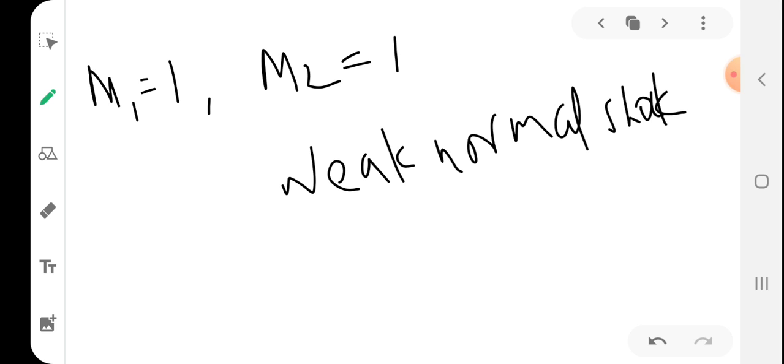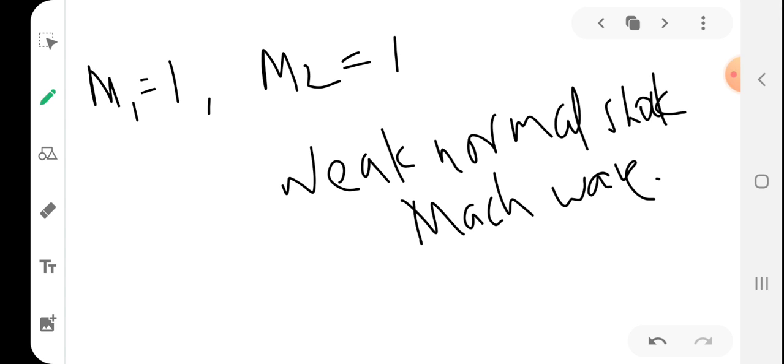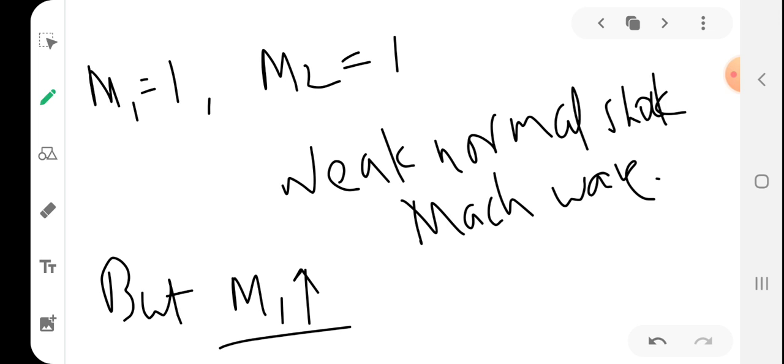There is no change. The weak normal shock is a Mach wave. But when M1 increases more than 1, the normal shock becomes stronger, because a normal shock only happens when M1 is more than 1, that is, for supersonic flow only.